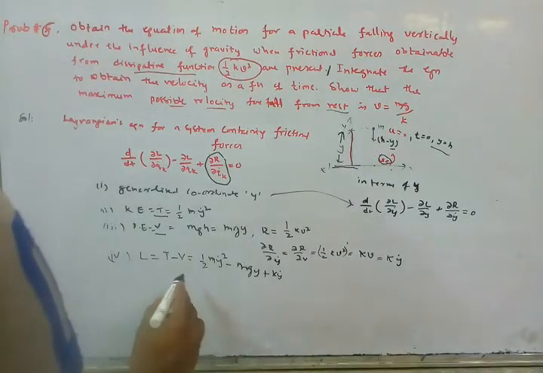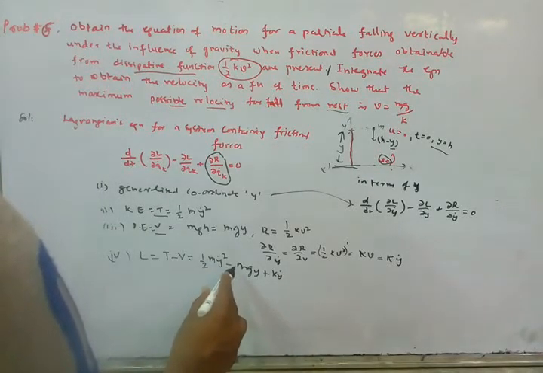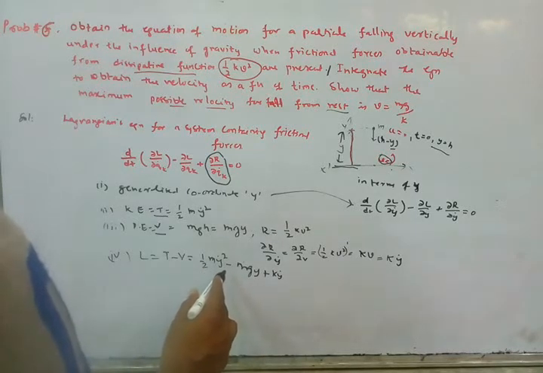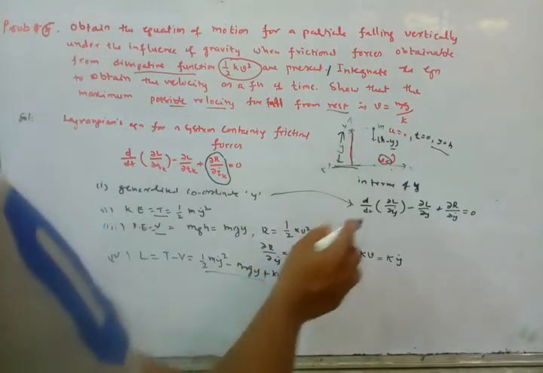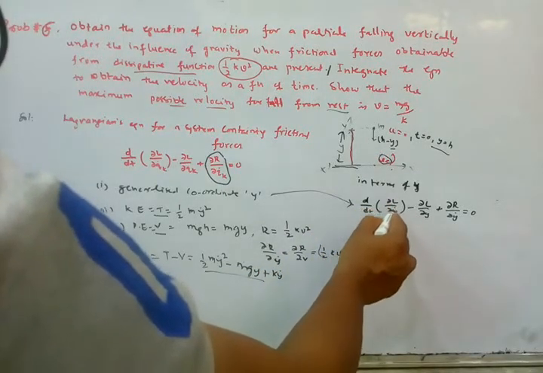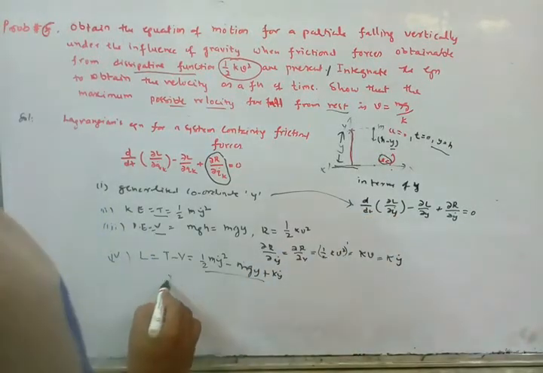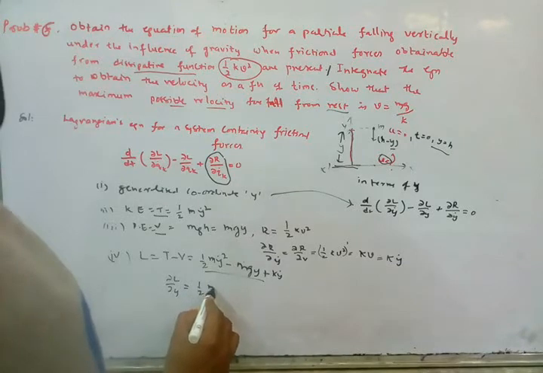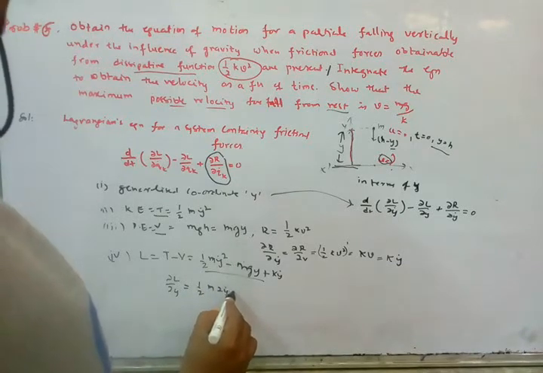So what do we have? d/dt of dou L by dou y dot: dou L by dou y dot is half m times 2 y dot, that is m y dot. So d/dt gives m y double dot.